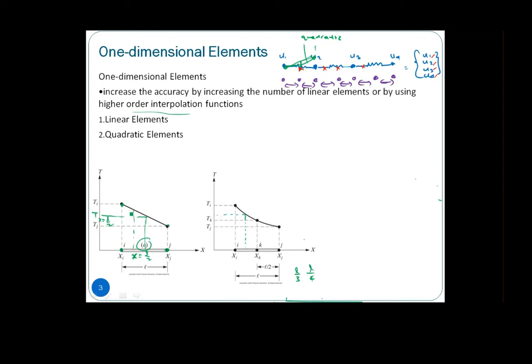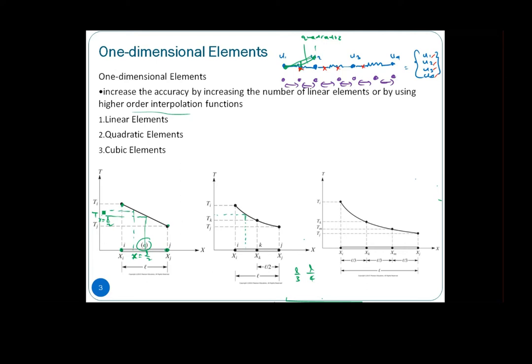More accurate, we will say that. But it will need three nodes to plot that quadratic function. So to make use of that quadratic element, we need 3 nodes in one element.